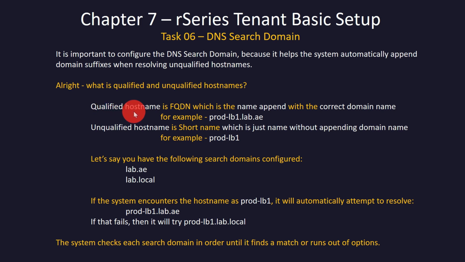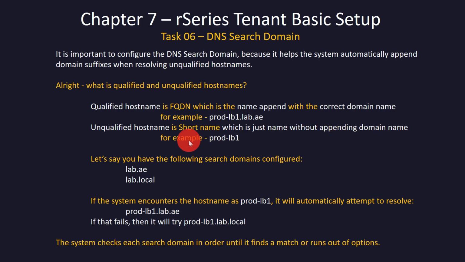A qualified hostname is an FQDN, which is the name appended with the correct domain name. For example, prodlb1.lab.ae is a qualified hostname. Then what is an unqualified hostname? An unqualified hostname is a short name, which is just a name without the domain name appended.